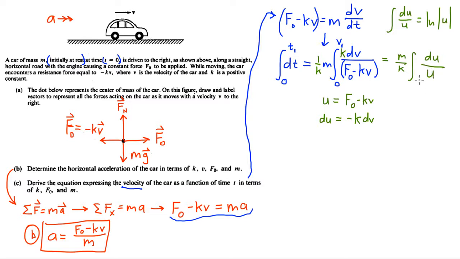Now, there's some difference of opinion among people about what you do with the bounds. My view is there are two options that make sense. You can either leave the bounds in terms of v, but then you ought to say v equals 0 to v equals v1 to make it crystal clear that you are talking about bounds on v, not bounds on u.